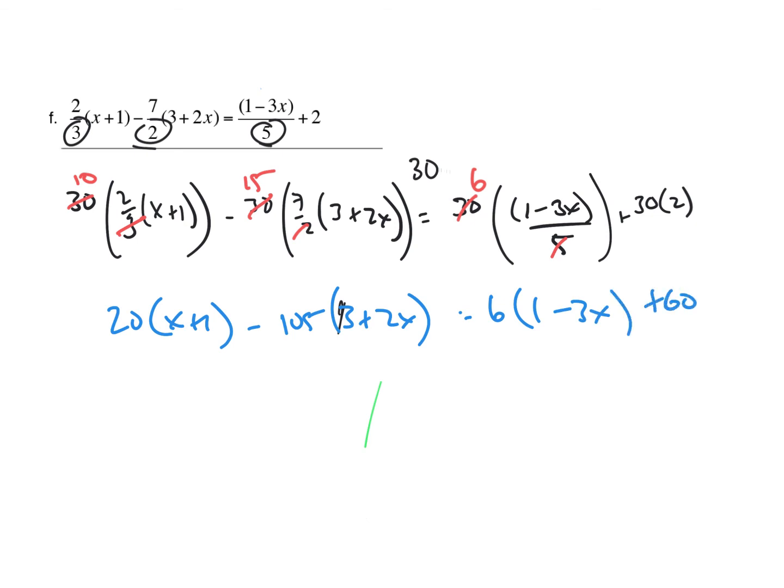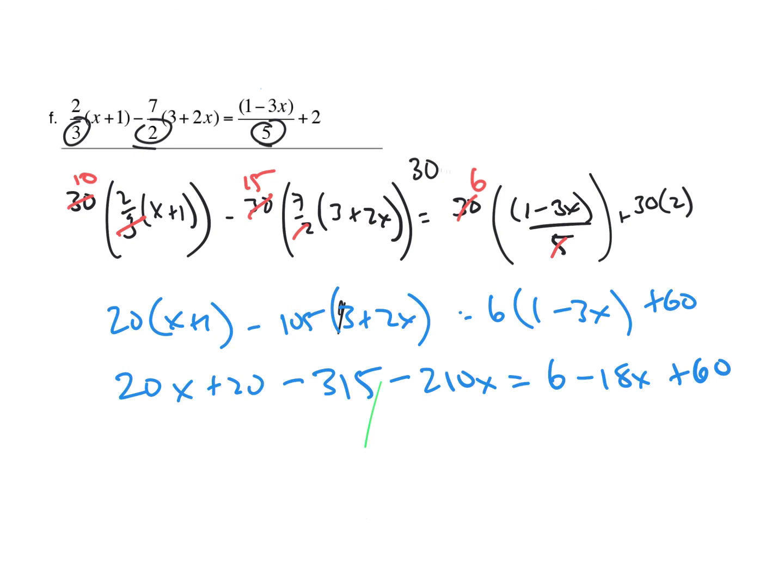If I keep simplifying, I'm going to get 20x plus 20. Be careful of the minus sign when I multiply the 105 times here. What I'm going to get is minus 315 minus 210x is equal to 6 minus 18x plus 60.